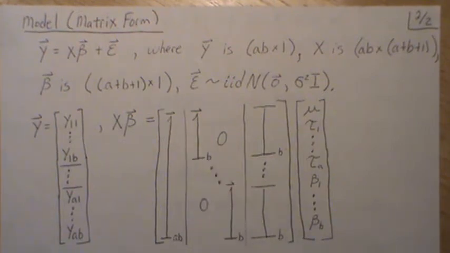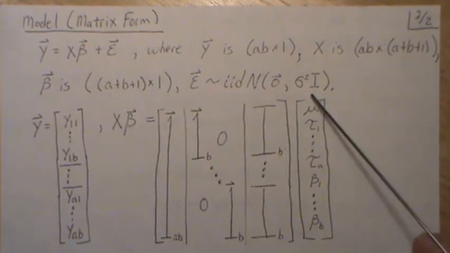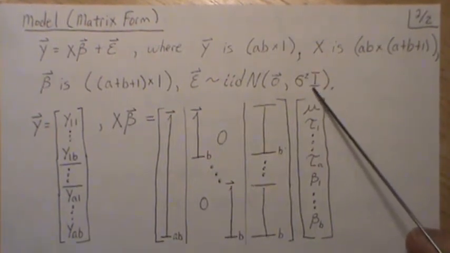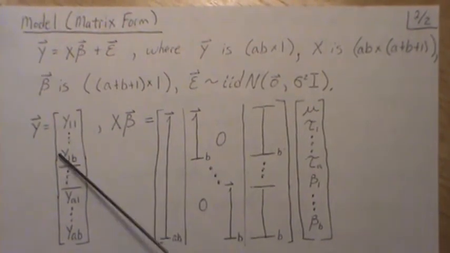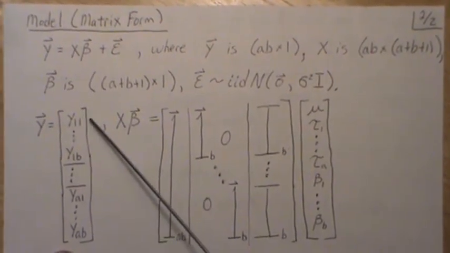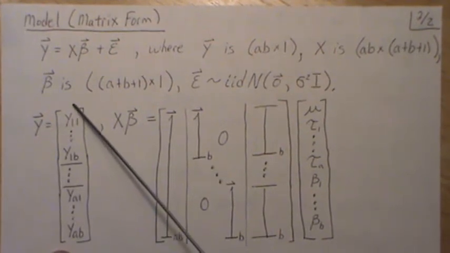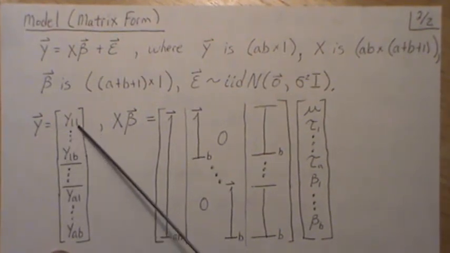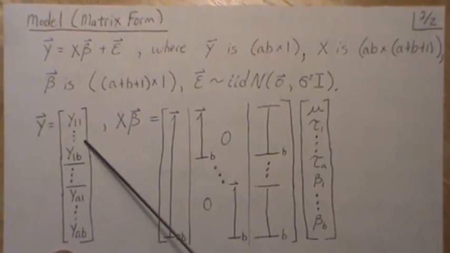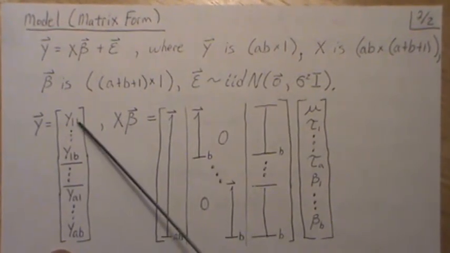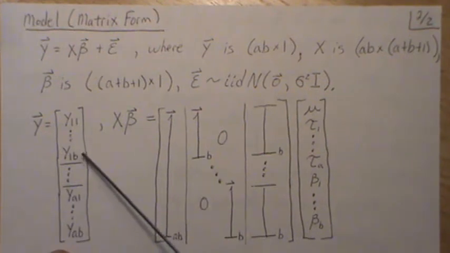And the epsilons are IID with a mean vector 0 and constant variance sigma squared. Covariances are 0. Now in the Y vector, the response vector, we order them by treatment and then block. So we take the first B observations. These all correspond to treatment 1. And then we order them by block, 1, 2, 3, 4, 5 to B.